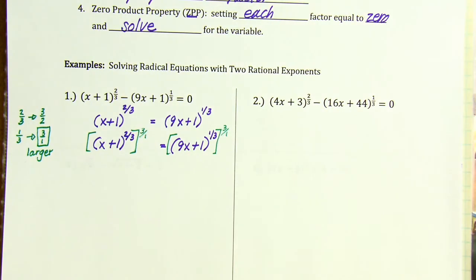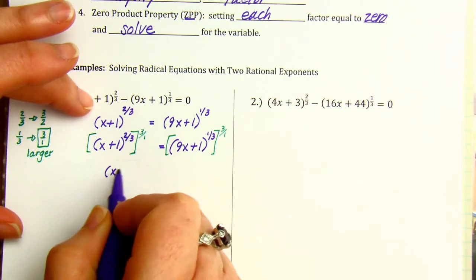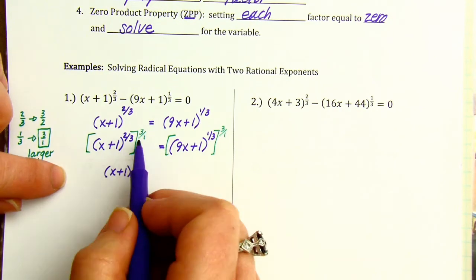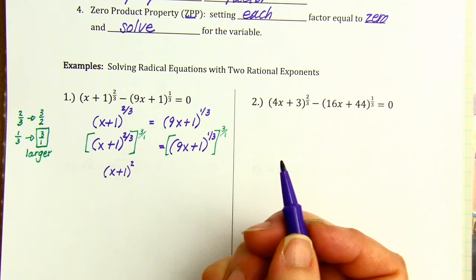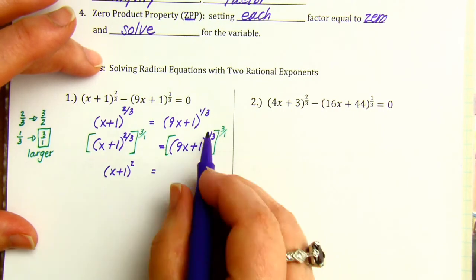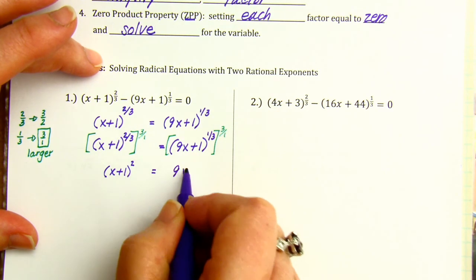All right, what does that leave me with on the left? Well, that leaves me with quantity x plus 1. 2 times 3 is 6, over 3 is 2. So it's squared. Over on the right side, this is power 3/3, or 1. So it's simply 9x plus 1.